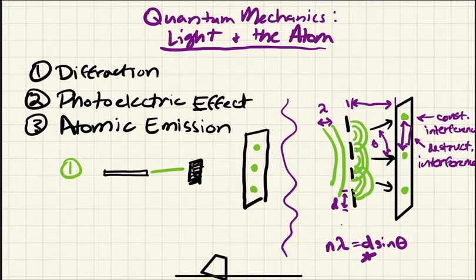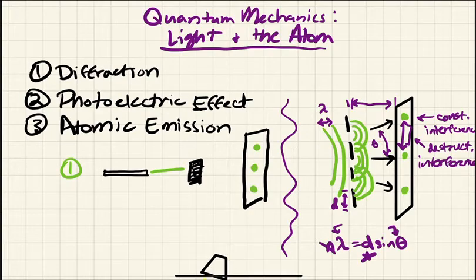So you can plug in a value for lambda, plug in a value for theta once you've calculated that from your measurements. And for the purposes of this, we'll actually ignore n. n is just an integer, so we can let it be 1 for the first spot away from the center spot. And so we can solve and find a value of d.